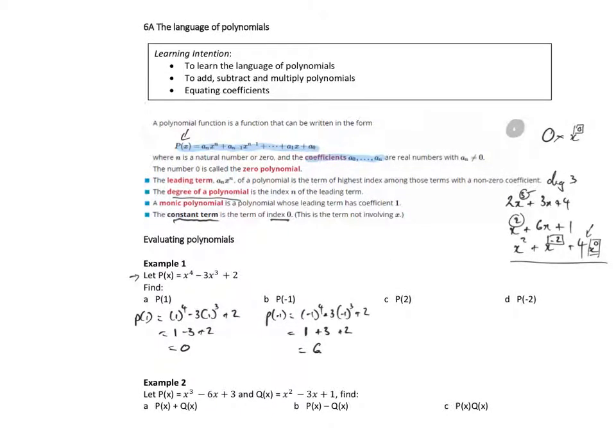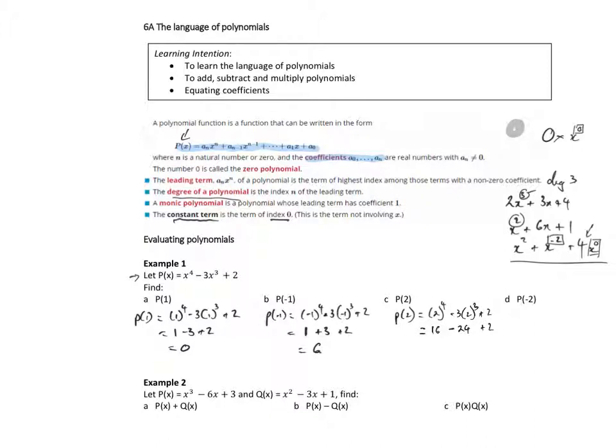For p of 2, notice how whenever I substitute in, I tend to put the term in a bracket. That way we can be really sure to take into account any negative signs. So 2 to the 4 is 16, minus 3 times 2 cubed, 2 cubed is 8, 3 eights are 24, plus 2.